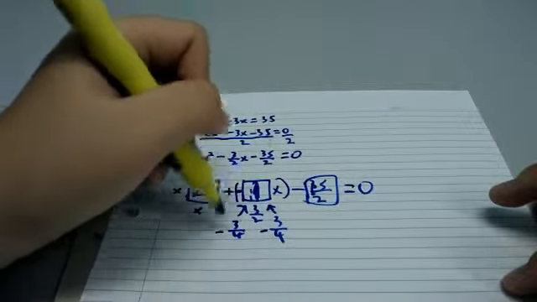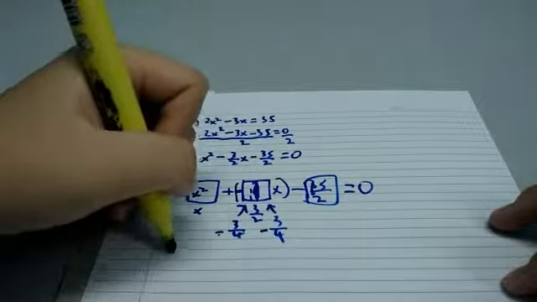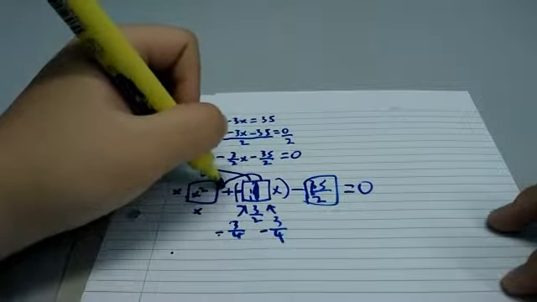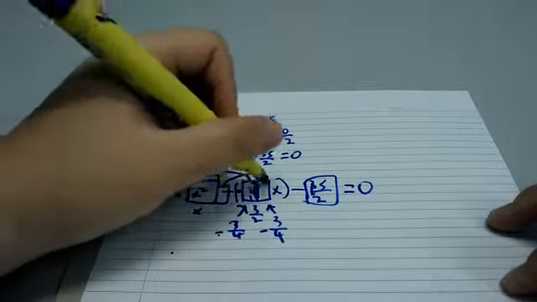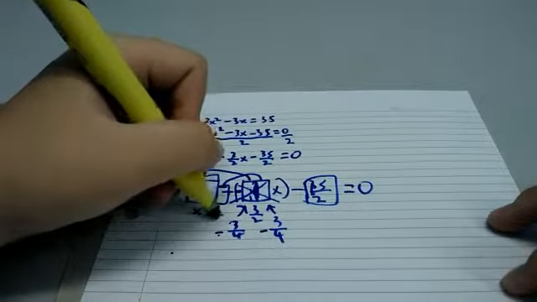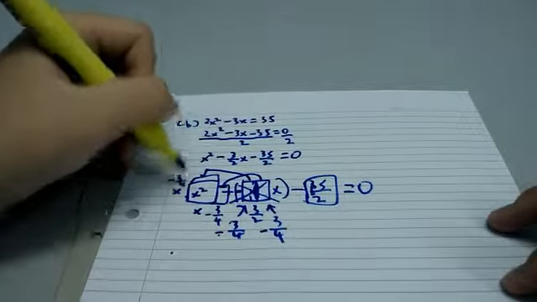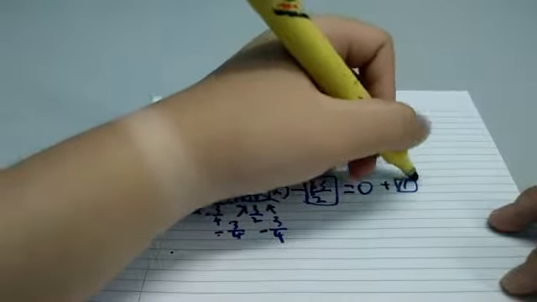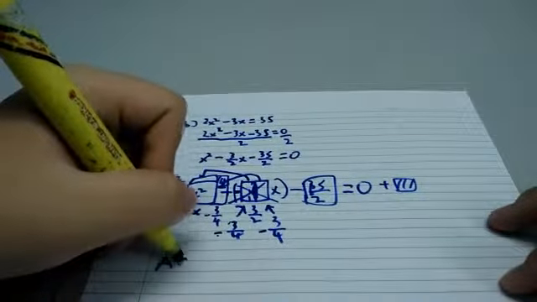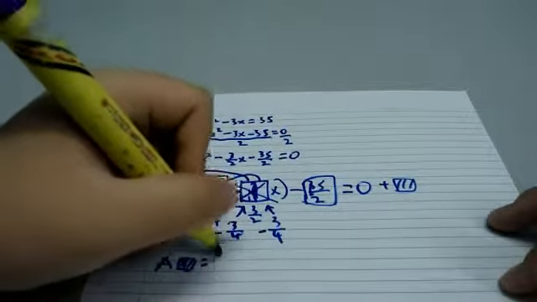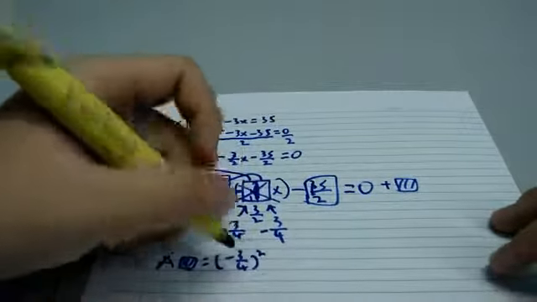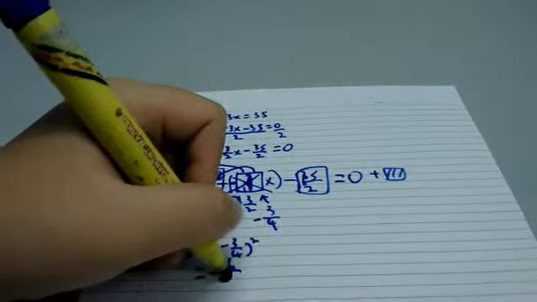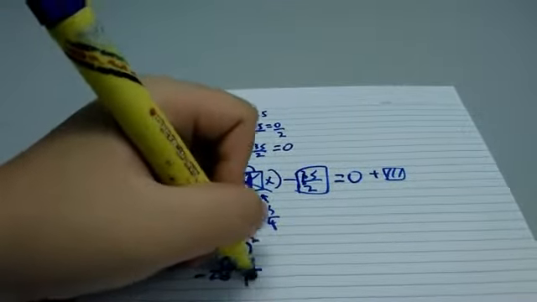So this is negative 3 over 4, so also negative 3 over 4. And then we need to add this small square around here. So the area of this small square is equal to negative 3 over 4 squared, which is equal to 9 over 16.